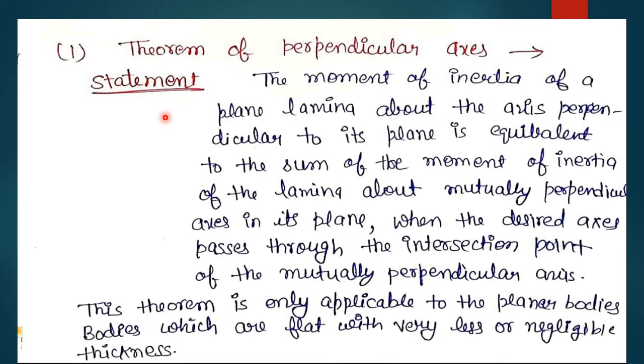The moment of inertia of a plane lamina about an axis perpendicular to its plane is equal to the sum of the moments of inertia of the lamina about two mutually perpendicular axes in its plane, when the desired axis passes through the intersection point of the mutually perpendicular axes. This theorem is only applicable to planar bodies which are flat, with very small or negligible thickness.